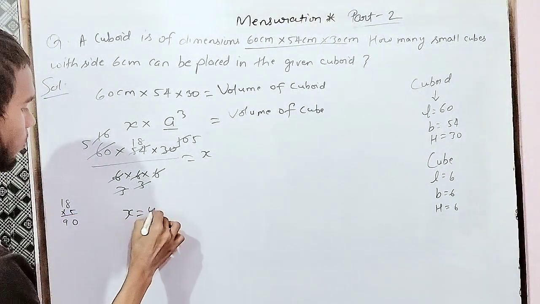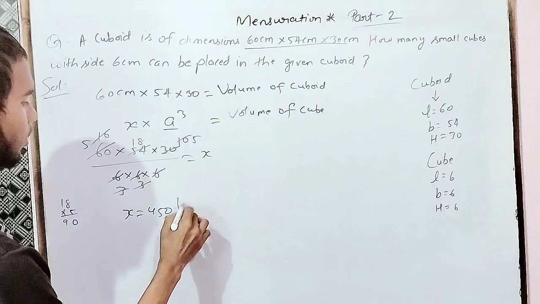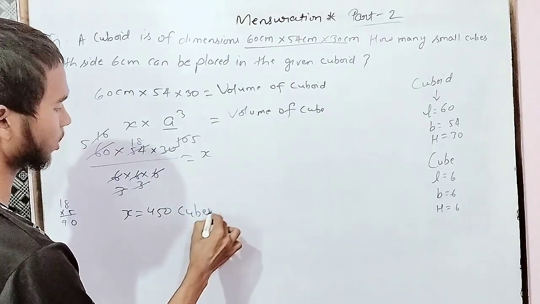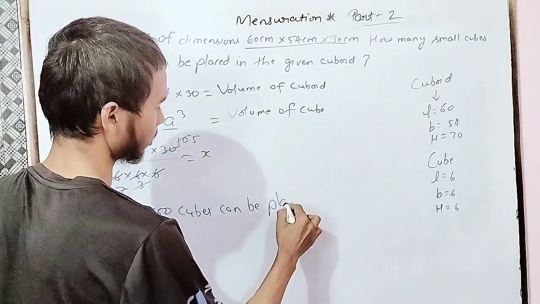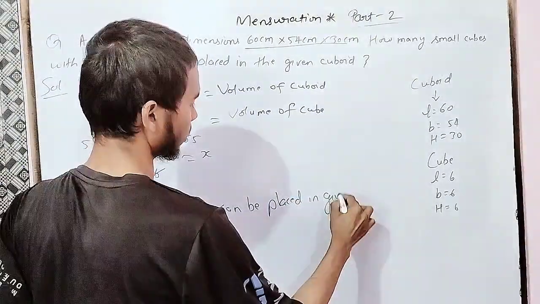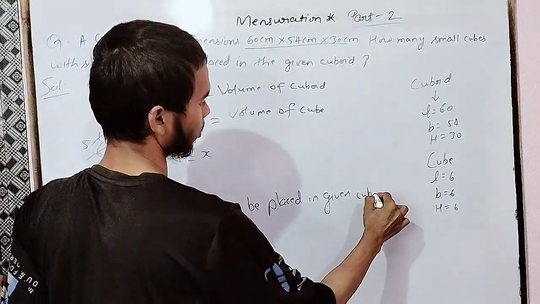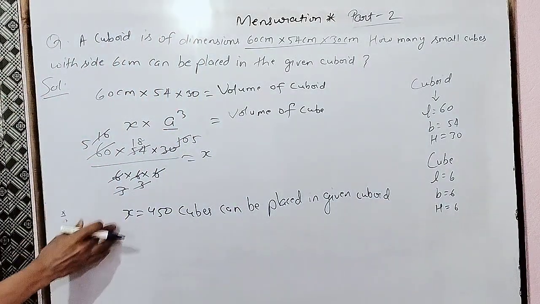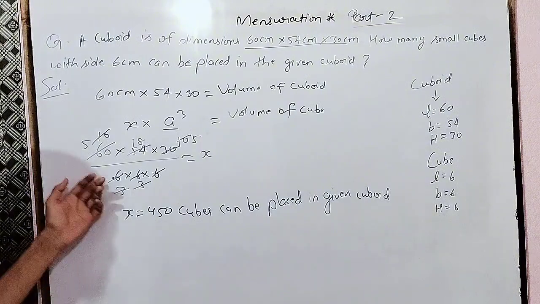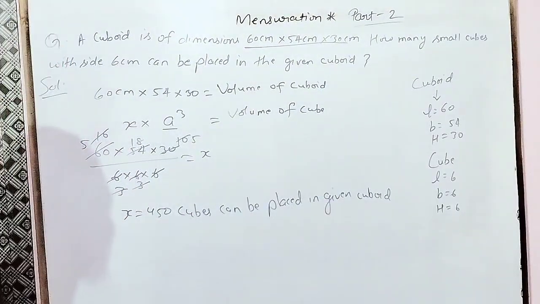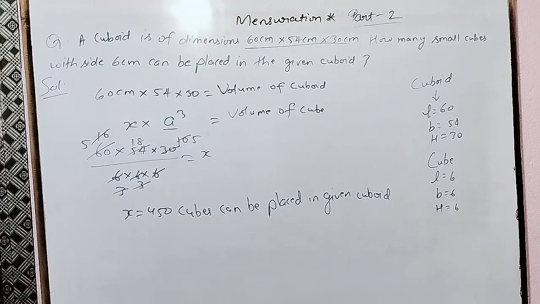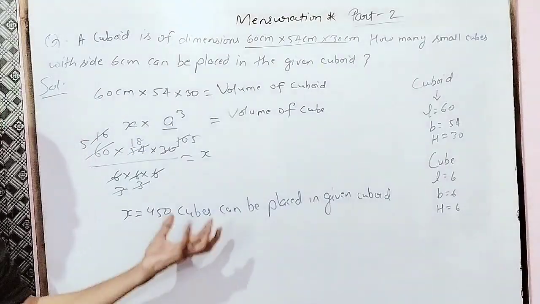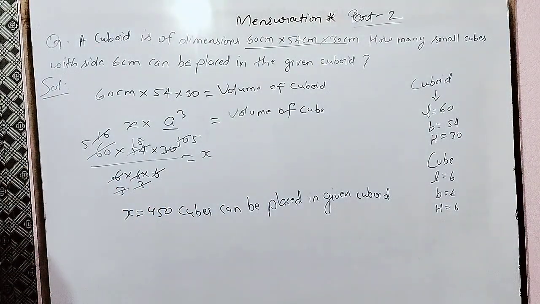So how much? 450 cubes can be placed in the given cuboid. X is the number of cubes after simplifying it. The number of boxes is 450. This is how we simplify it and find the number of cubes.